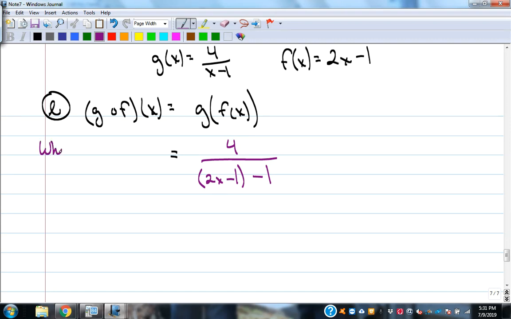What we need to know is, when does f of x equal 1? So when is f of x equal to 1? So we set 2x minus 1 equal to 1 and solve that problem. Divide by 2. Hey, it turns out to be 1.